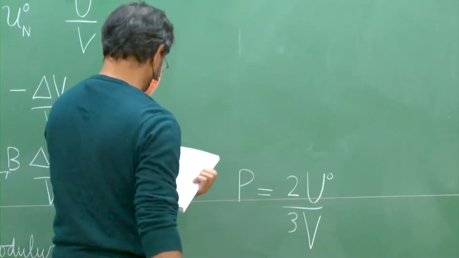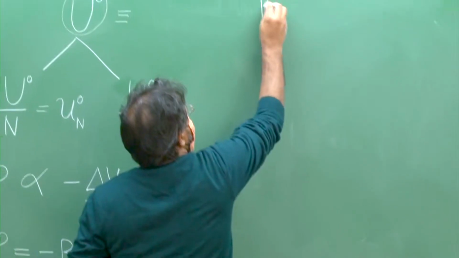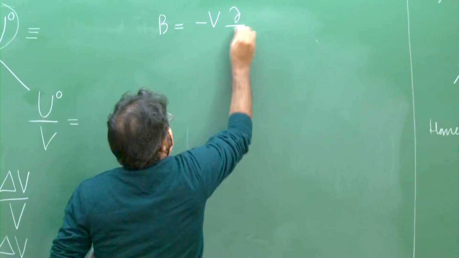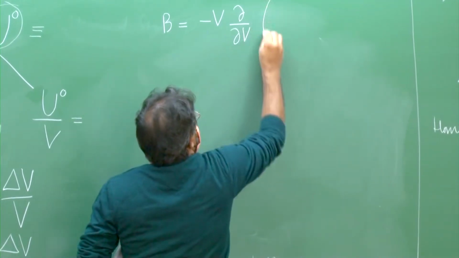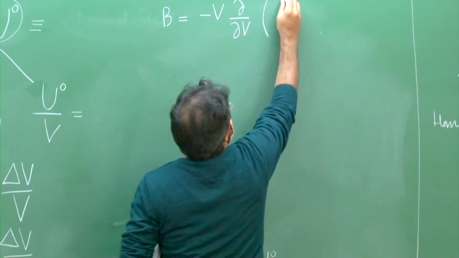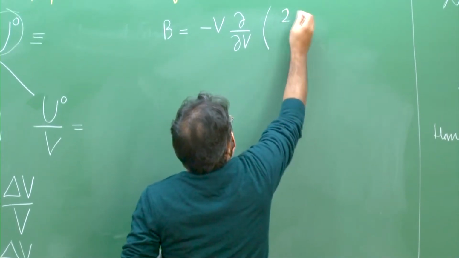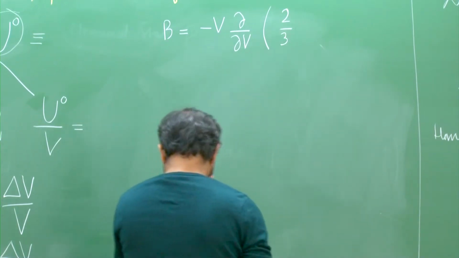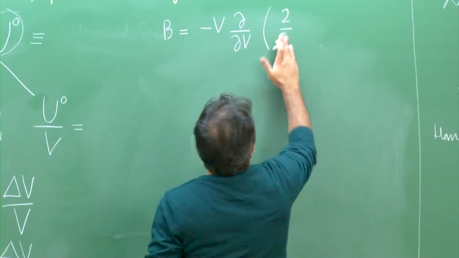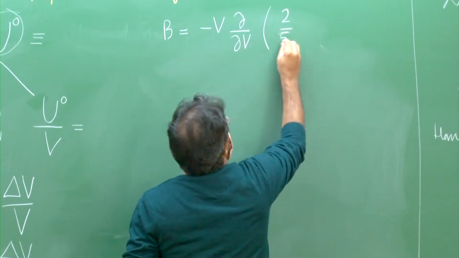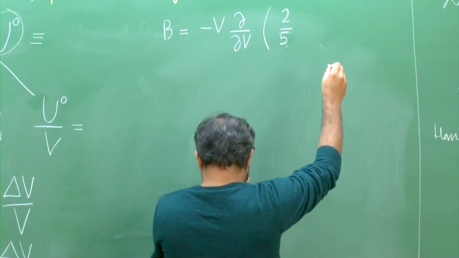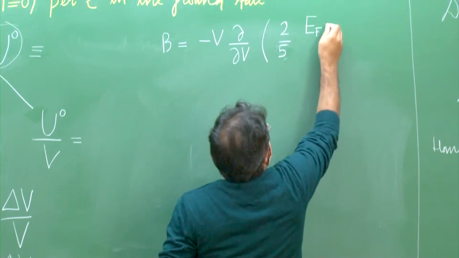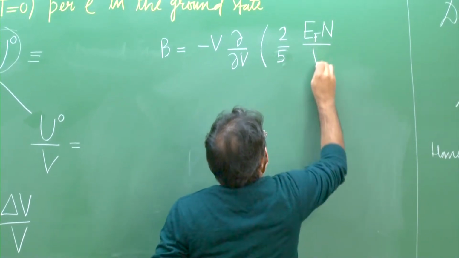So P is this. Therefore B would be minus V del P by del V, and P is nothing but this quantity, 2 u naught by 3, or maybe 2 by 5, u naught by v.